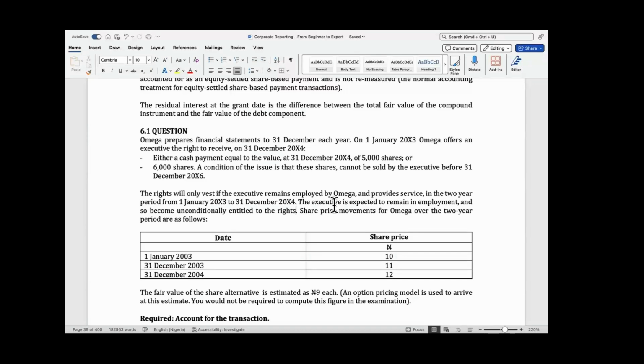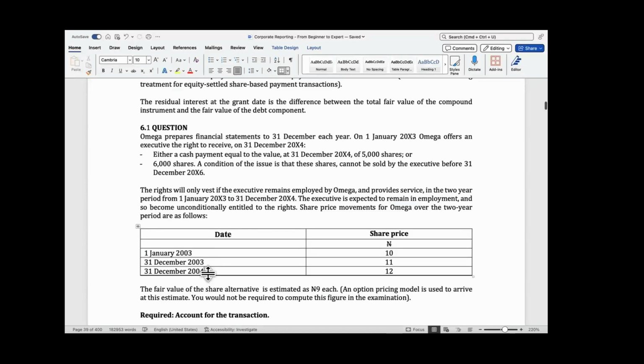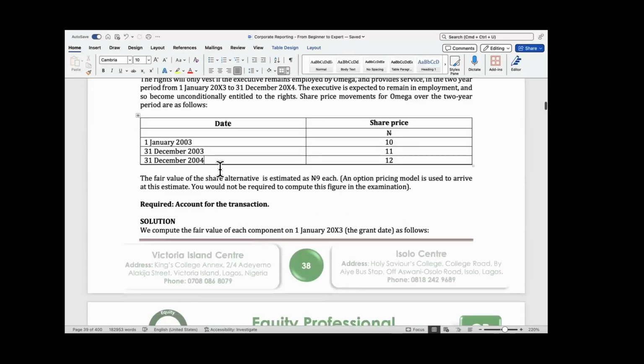They now told us the share price movement for Omega over the 2 years: 1st January, 31st December, 31st December 2004. We're now told that the fair value of the share alternative is estimated at 9 naira.